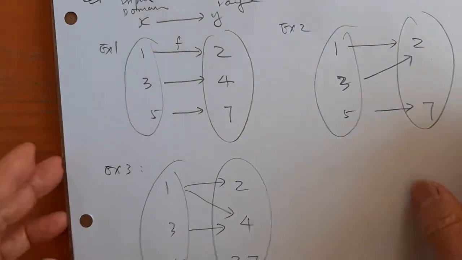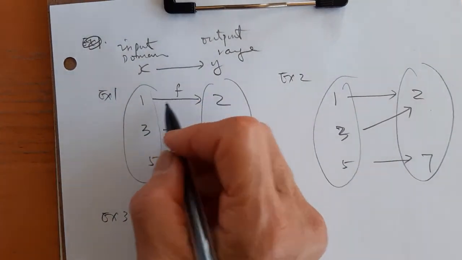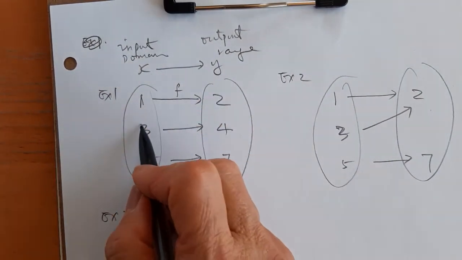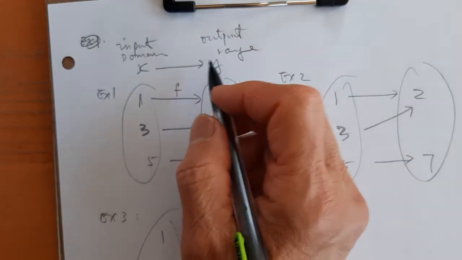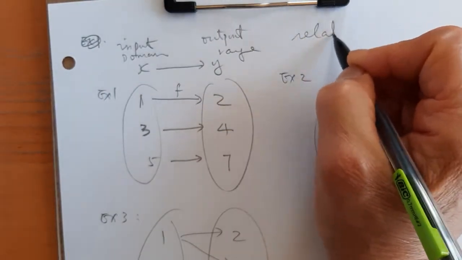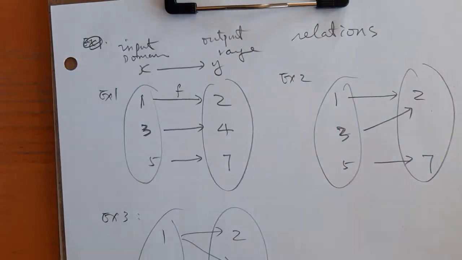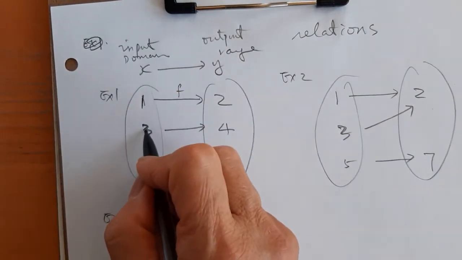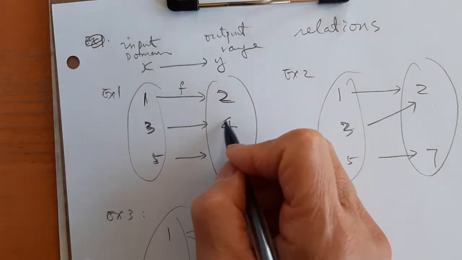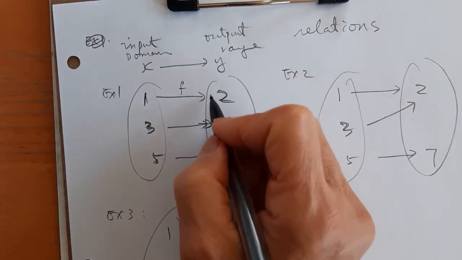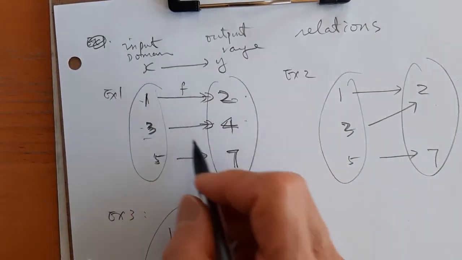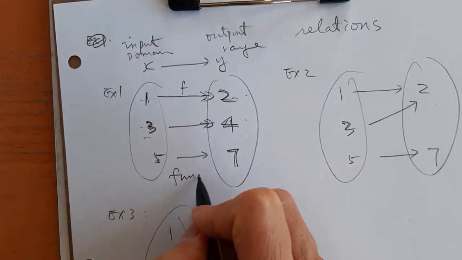For these three, we call each a relation. Three kinds of relations. For every element in the domain, there exists one and only one element in the range as correspondence. So this is a function.